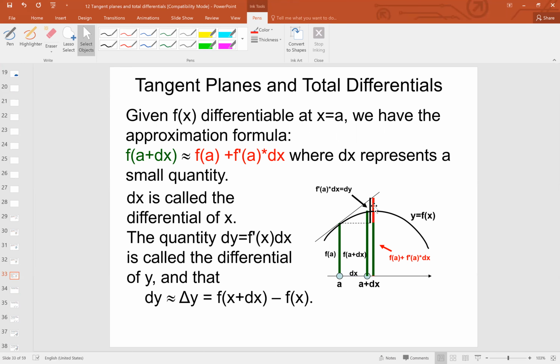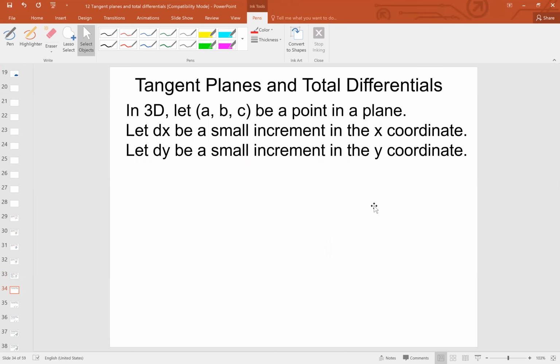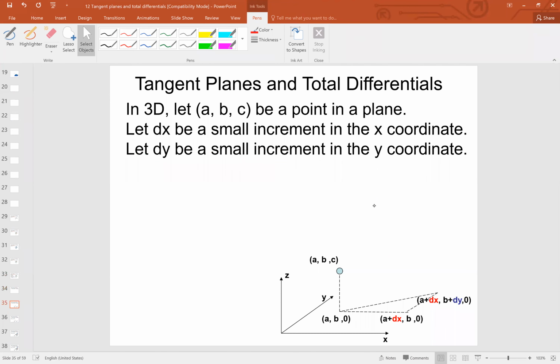We do the same thing with tangent plane on the surface. Suppose I have a surface and a base point at (a, b), and I'm going to go along the x direction a small amount dx. I'm going to go along the y direction a small amount dy, and wind up at a point (a plus dx, b plus dy).